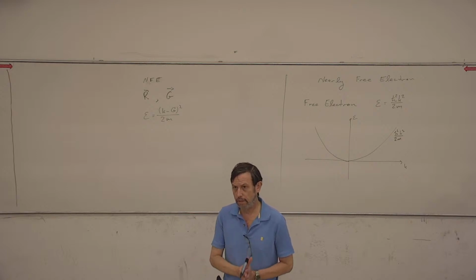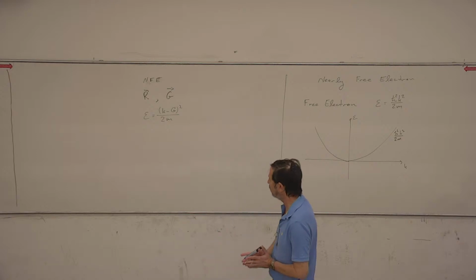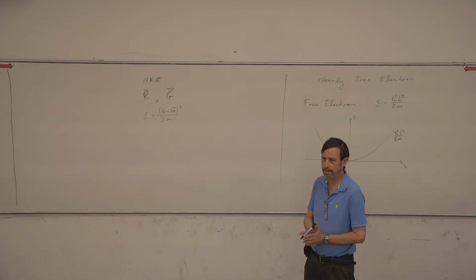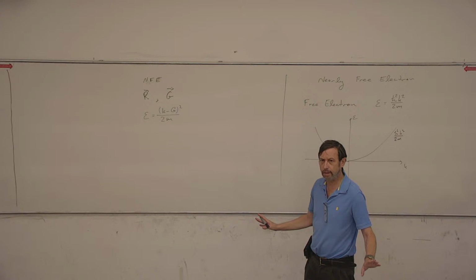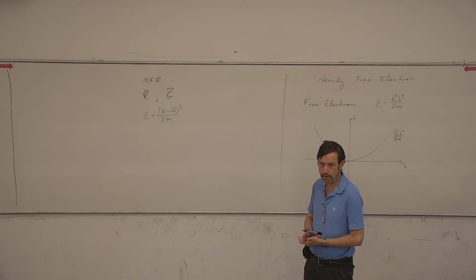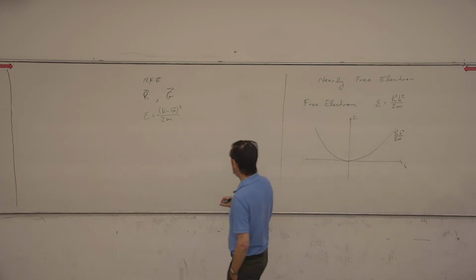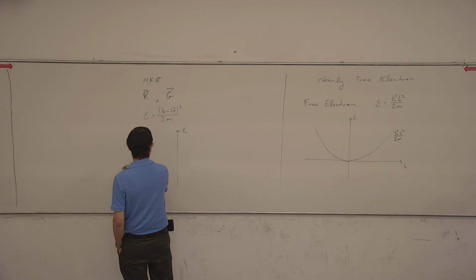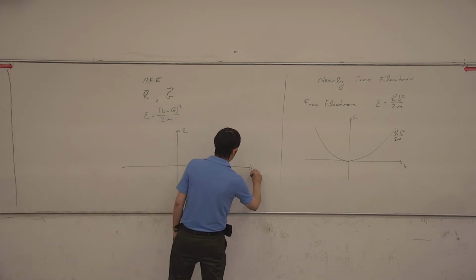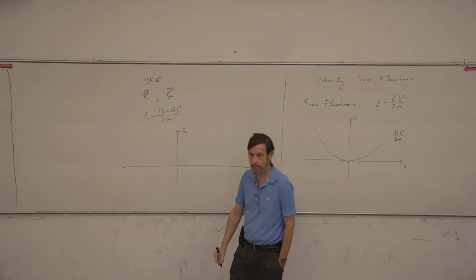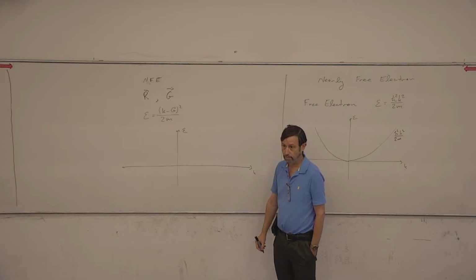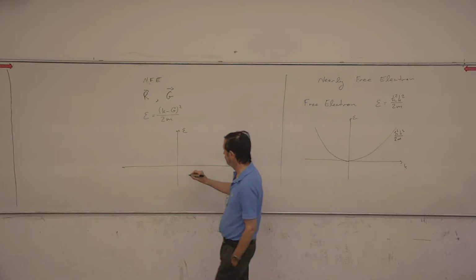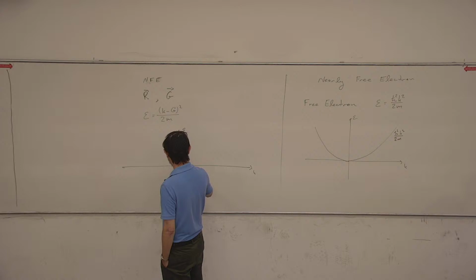Now let's look a bit more carefully at what this means. And I'll plot it for one dimension just because it's easier, but it's correct for any dimension. Okay, I still have this E versus K. But now I have special points.